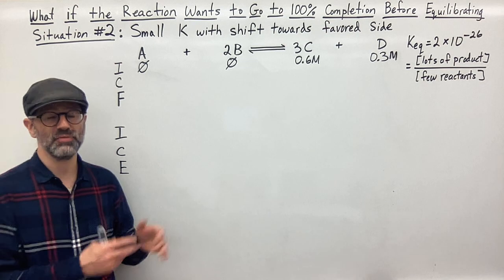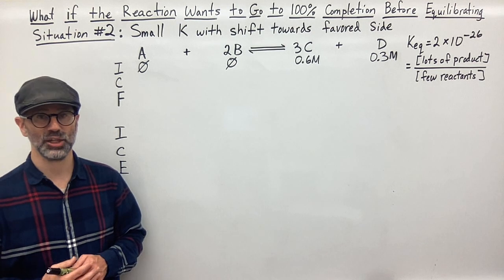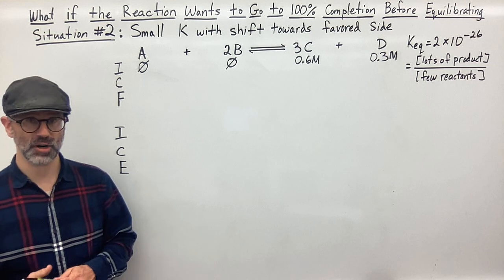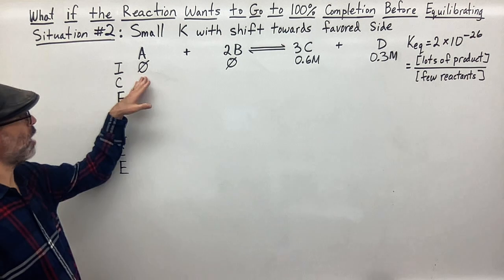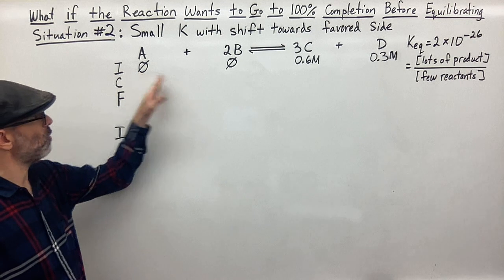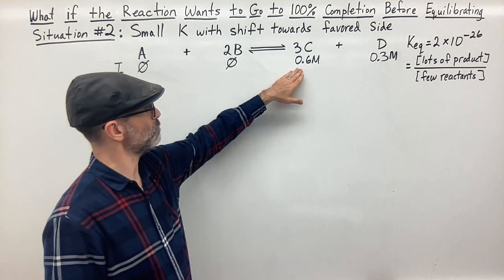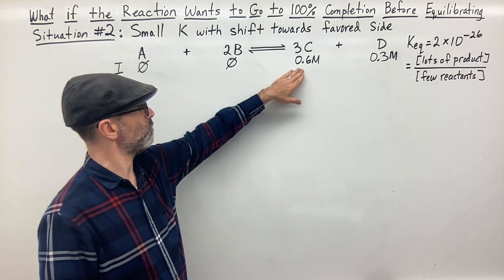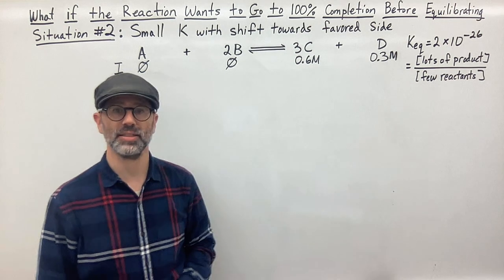And because it's shifting towards the favored side, you can't assume that X is negligible. So you've got your stoichiometry first, and then your ice table. So here is the problem. I have zero amount of reactants to start with. I have 0.6 molar of product C, and I have 0.3 molar of product D.